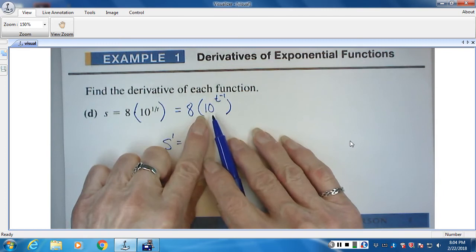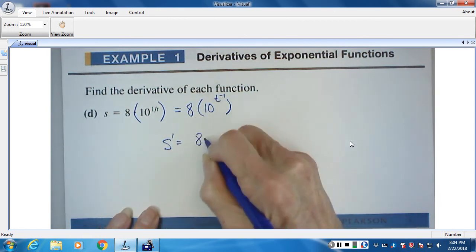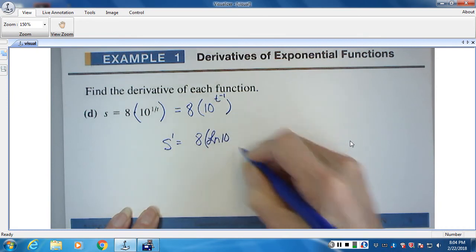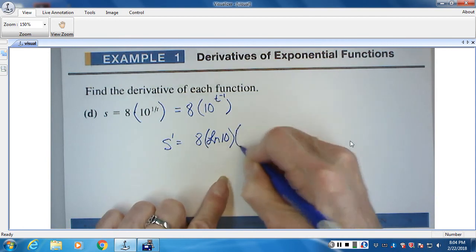I need to take the natural log of the base. Because this is not a natural log to start with. This is a base, a regular number as a base, not e. So I need to take the natural log of the base. Then I need to repeat what the original function was.